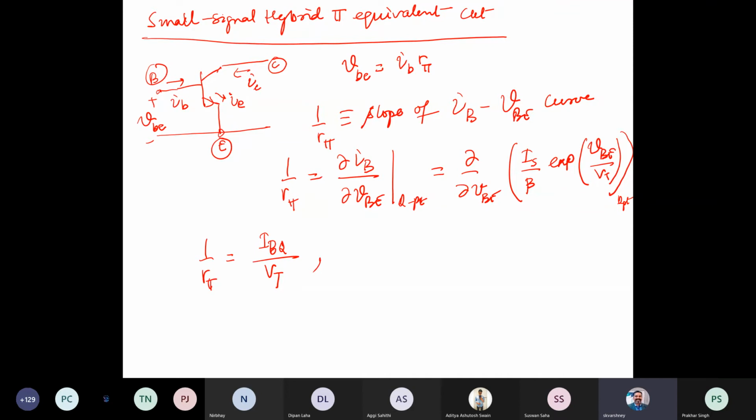Is it correct? Can you check it out? I think beta is missing.